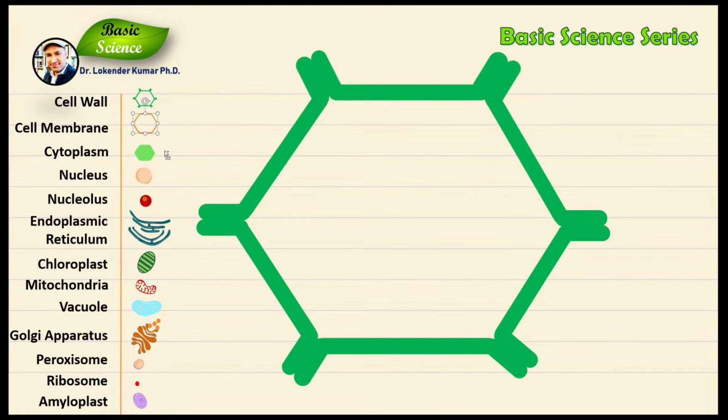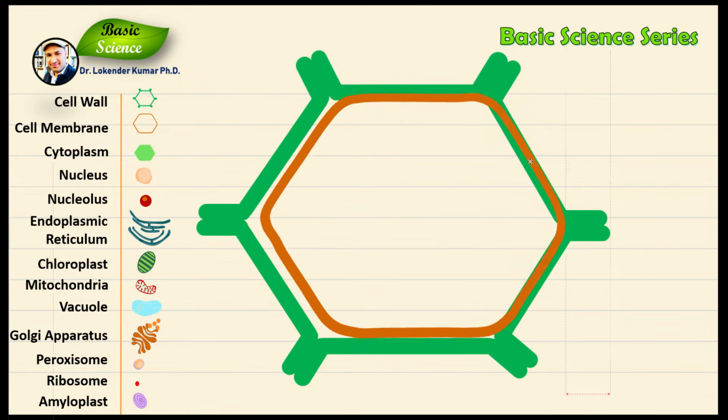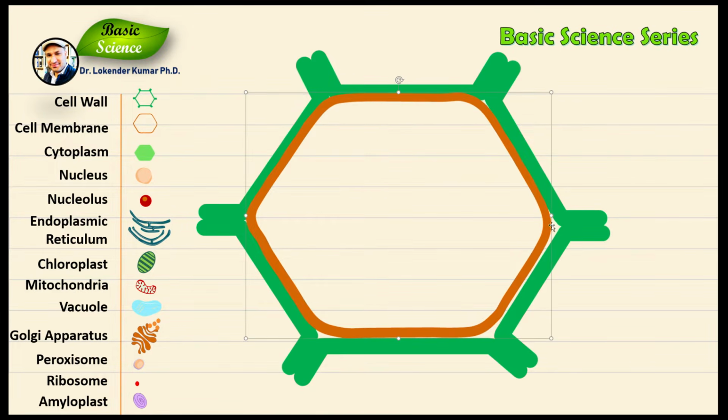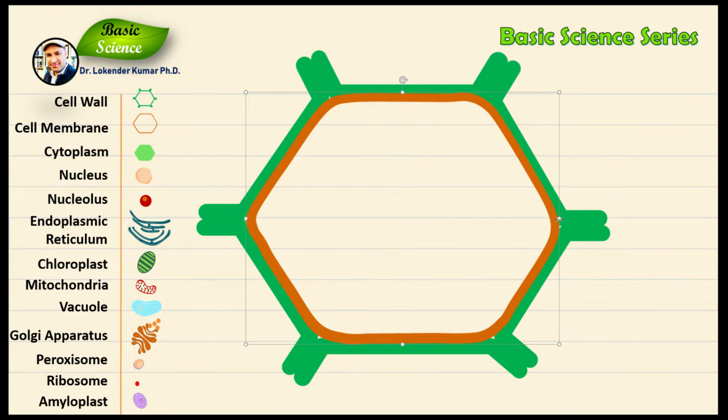The next component that I'm going to incorporate in this structure is the membrane. Immediately after the cell wall, we have the cell membrane, which is also known as the plasma membrane. The structure of this is also complex. It's not a single layer, it's a phospholipid bilayer.